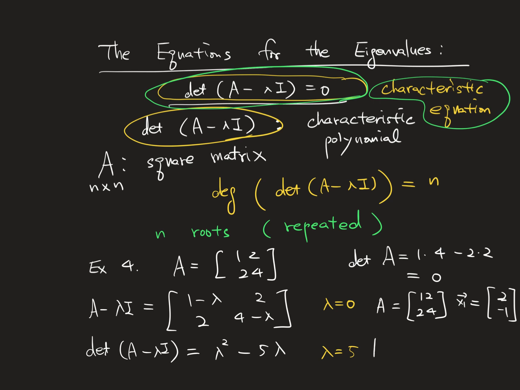And A minus 5I will be minus 4, 2, 2, minus 1. And x2 will be 1, 2. So we have 2 eigenvalues and 2 eigenvectors.